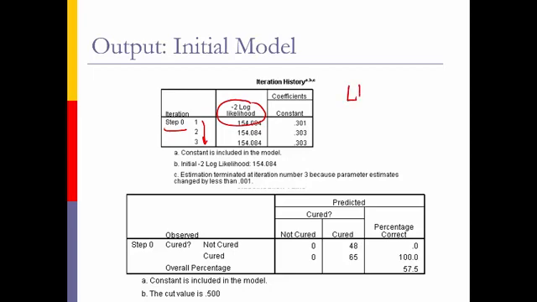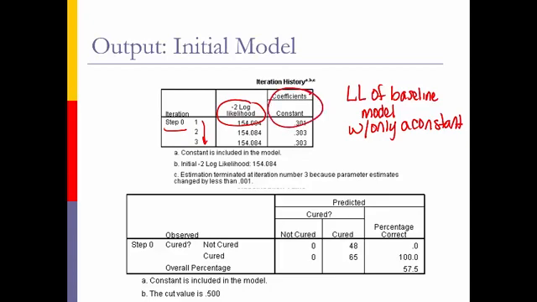That is essentially the log likelihood of our base model, so that is with only a constant. And you know it's only with a constant because here it tells you what your coefficients are, so you only have a constant. So that log likelihood is equal to 154.084.